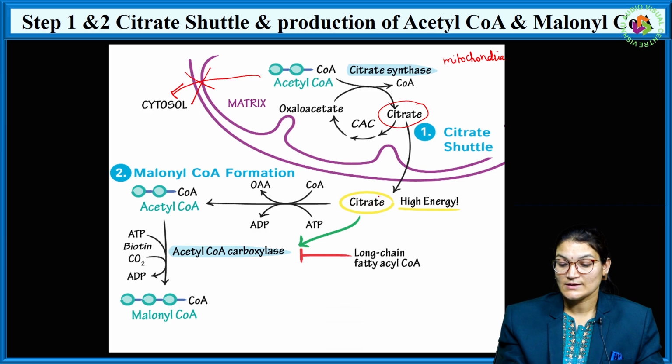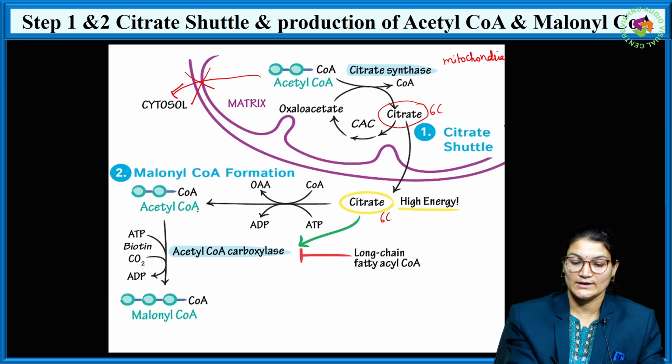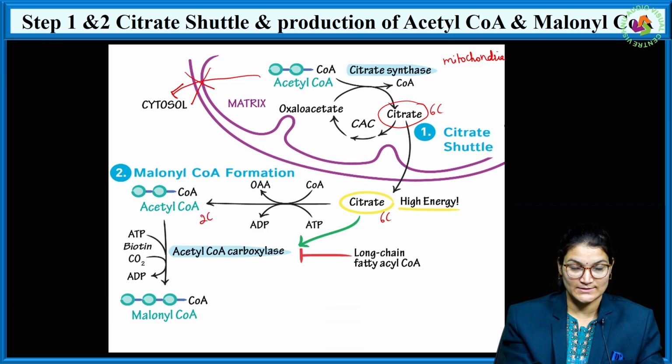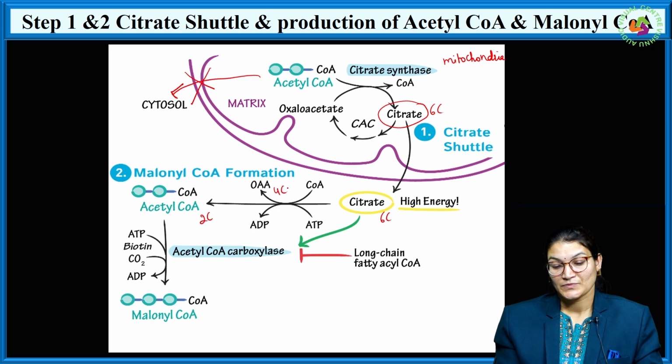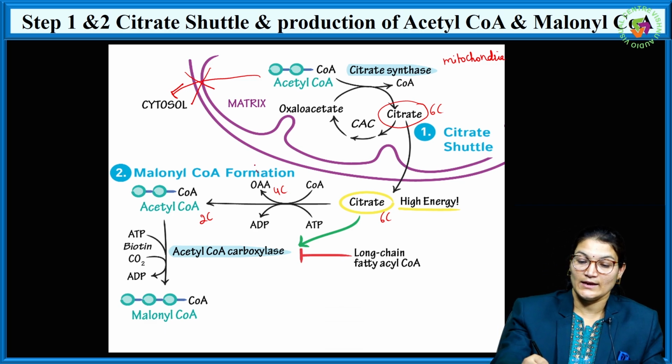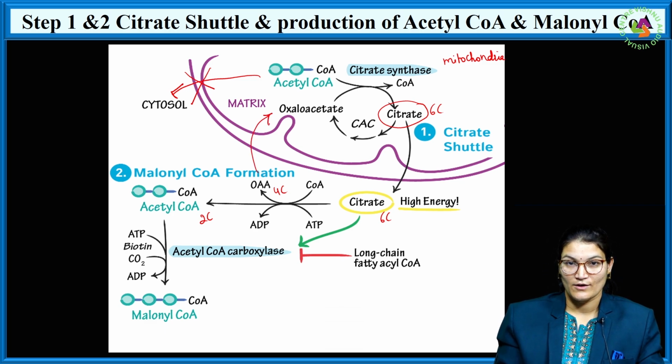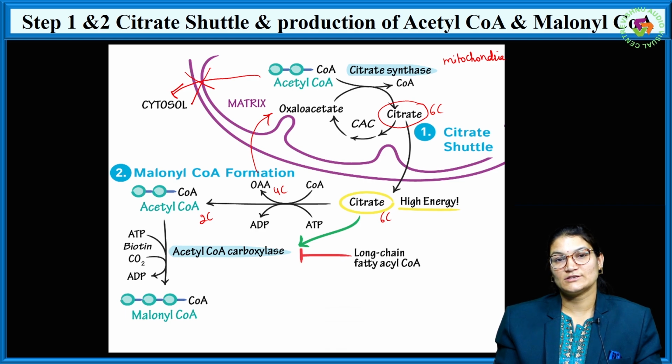In the cytosol, citrate, a 6-carbon compound, gets converted into 2-carbon acetyl coenzyme A and 4-carbon oxaloacetic acid. This oxaloacetic acid again enters into mitochondria for the Krebs cycle or citric acid cycle.